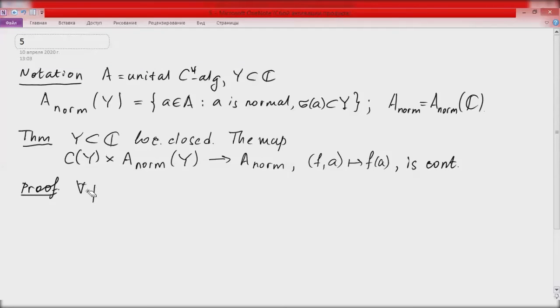So before I do it, let's prove two auxiliary lemmas. This will be more convenient. Instead of incorporating the proofs of the lemmas into the proof of the theorem, I prefer to prove them separately.